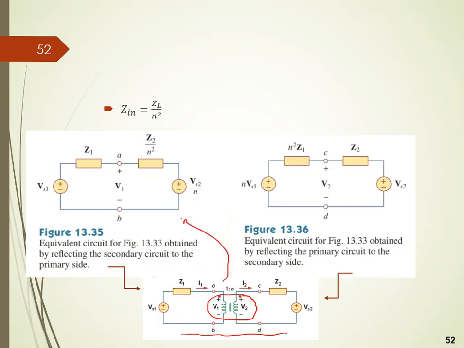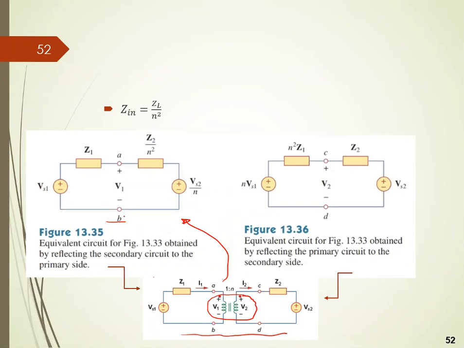We remove the transformer, and removing, again in quotes, right? We're removing the transformer, in this first example, the circuit on the left, by reflecting the secondary circuit to the primary side. Okay, so this shows the secondary circuit being reflected to the primary side.